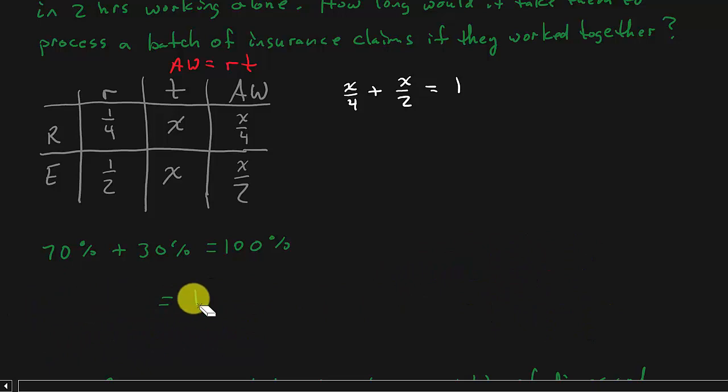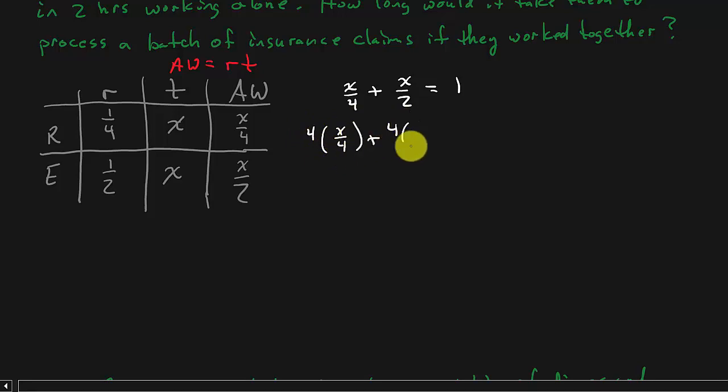All right. So now that we have our equation set up, we can just solve it. Let's multiply everything by 4, the common denominator. So that's 4 times x over 4 plus 4 times x over 2 equals 4 times 1. This is going to be x plus 2x, since the 4 and the 2 cancel, equals 4.